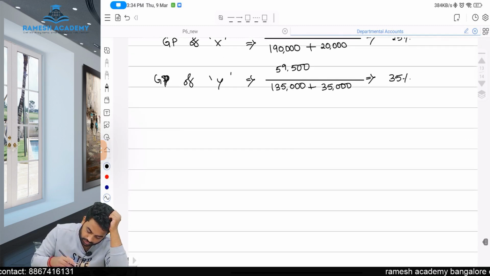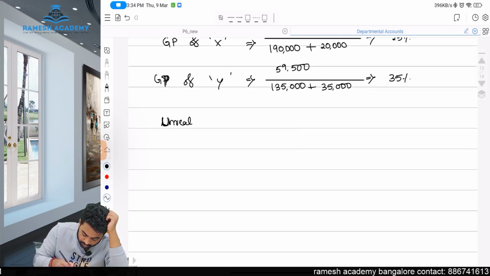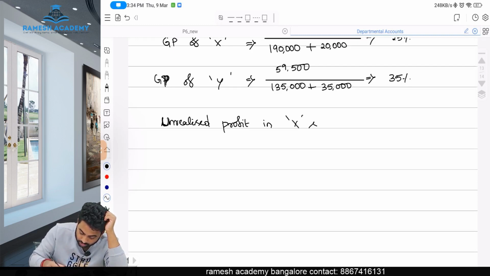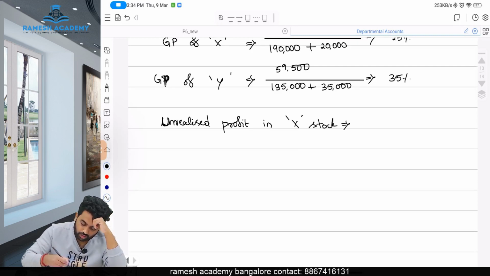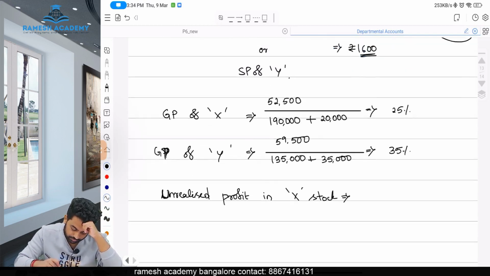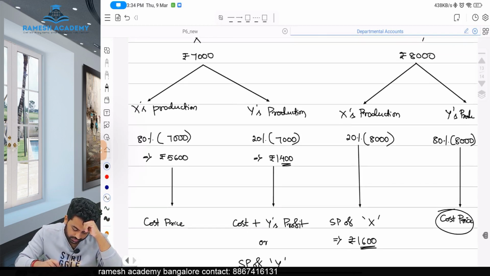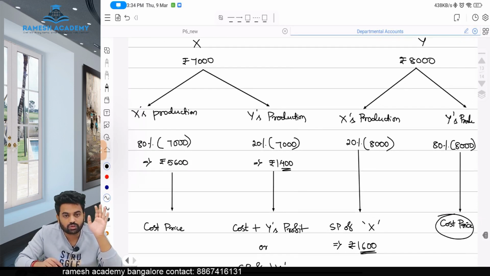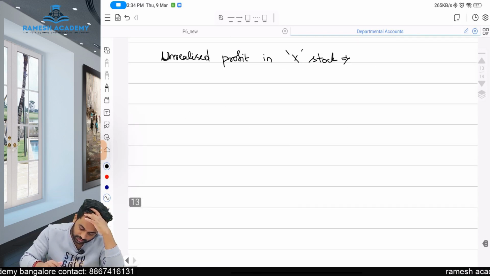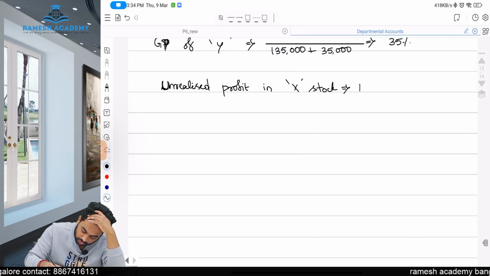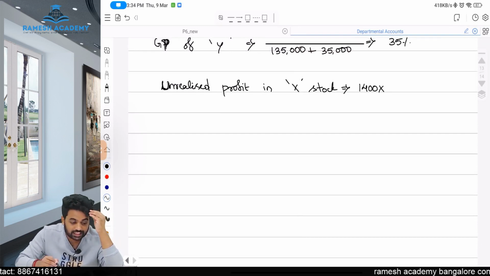Now we will calculate how much is the unrealized profit in X stock. How much closing stock is X holding? Closing stock of X is 7,000, but the whole 7,000 you can't apply because out of 7,000, 80% is theirs only, that is at cost. The remaining 1,400 is there, no? On that you can apply. So 1,400 into, it is sent by whom?